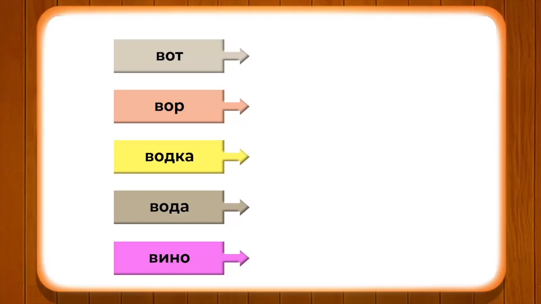For example, in the first word it is rising in the center, vor. But in the next word, vodka, it is rising in the beginning. But in the word vada, it is rising at the end because the udarenie is on A, not on O. So, vada, and that is why the sound of O is coming like A.